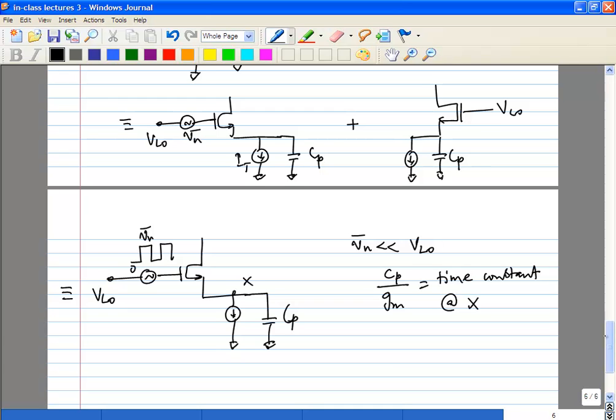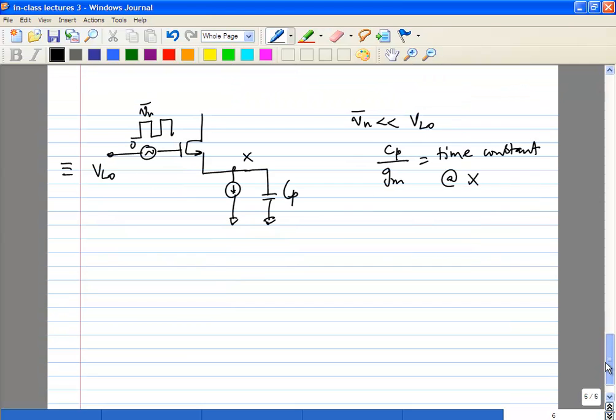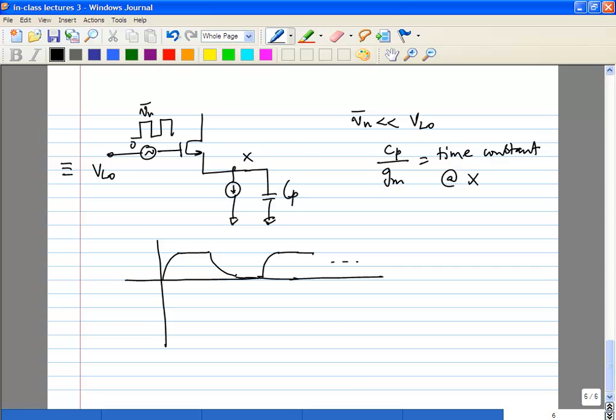If you look at your current and voltages at x, Vx is going to look like this.